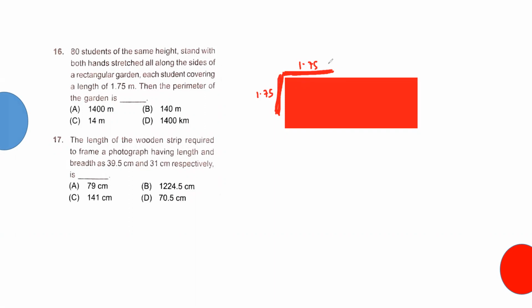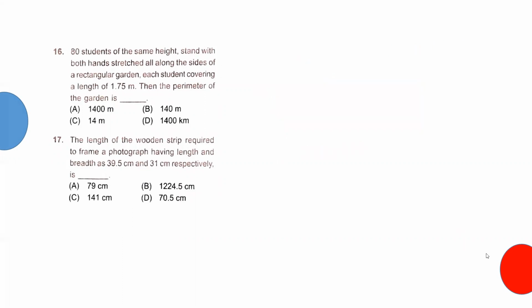The sum total of both hands is 1.75. You can understand it like this: if both hands are A plus A, then 2A is 1.75. Don't go into this much detail. It's just given that each student covers a length of 1.75. So how many students are there? 80. So just multiply it by 80. Simple question like this. Understood? I hope you all understand.